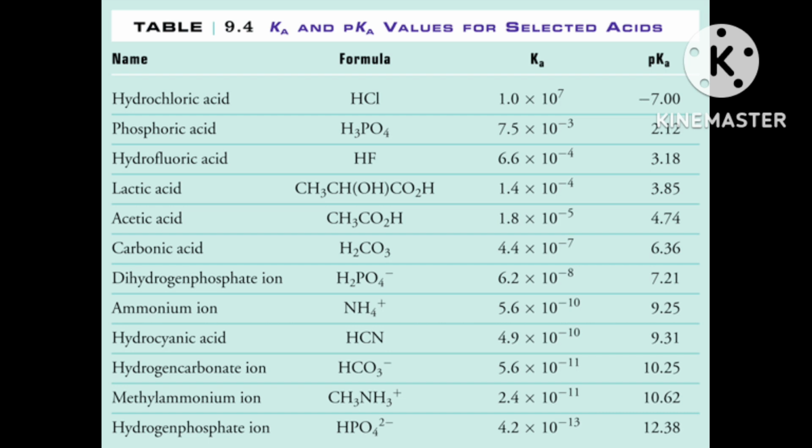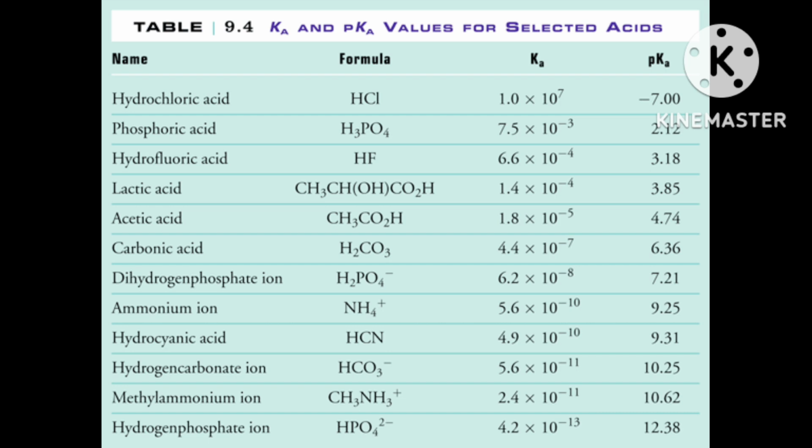So in one bracket you write 10 to the power minus 8 plus x, and the OH⁻ concentration again will be x only, and that is equal to 10 to the power minus 14, which is Kw.